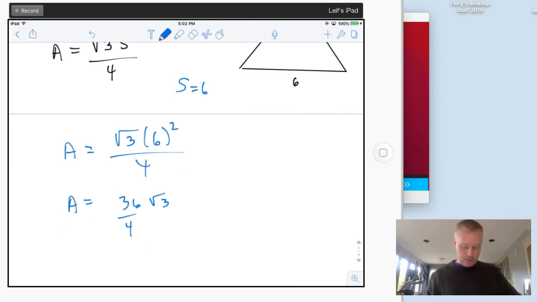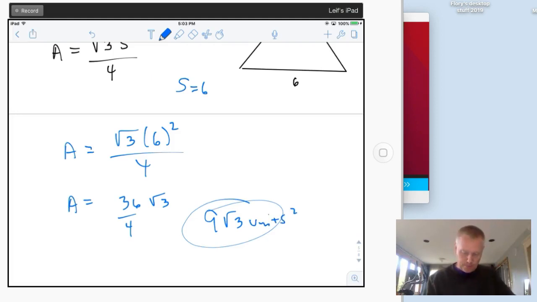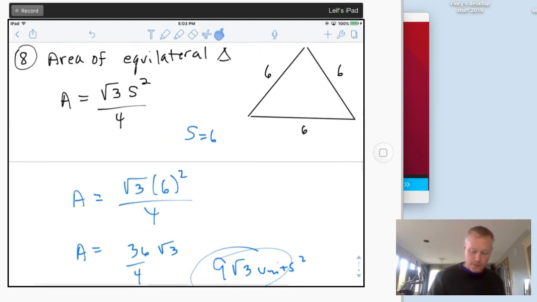Those are both even, so I can divide them both by 2, which gives me 18 halves. Oop, they're divisible by 4, which gives me 9. 36 divided by 4 is 9 root 3 units squared. That would be the answer. Nice, easy way to find the area of an equilateral triangle. Good one to write down in the notes.